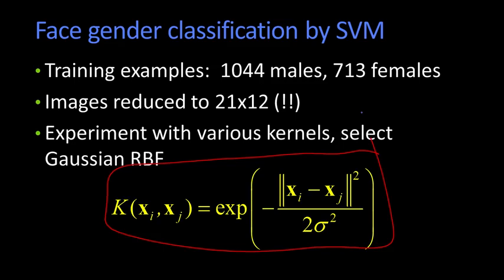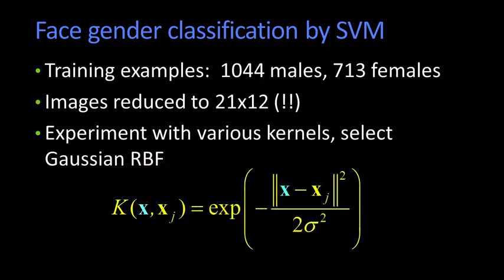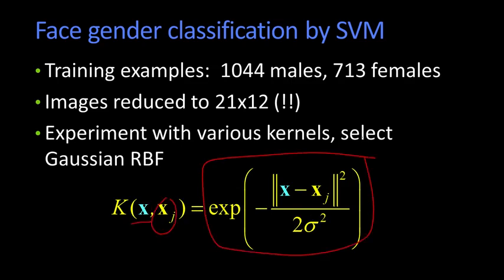So that's defined as xi and xj, and when you compute some new input x against your support vectors, here is k of x, so x is your new input, and xj is each of the support vectors. So you have to compute this quantity at testing time in order to determine whether it's a man or a woman, okay?